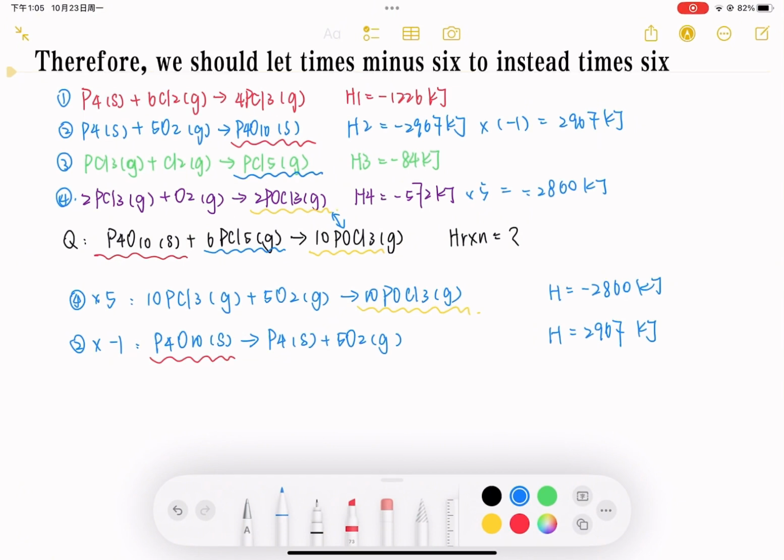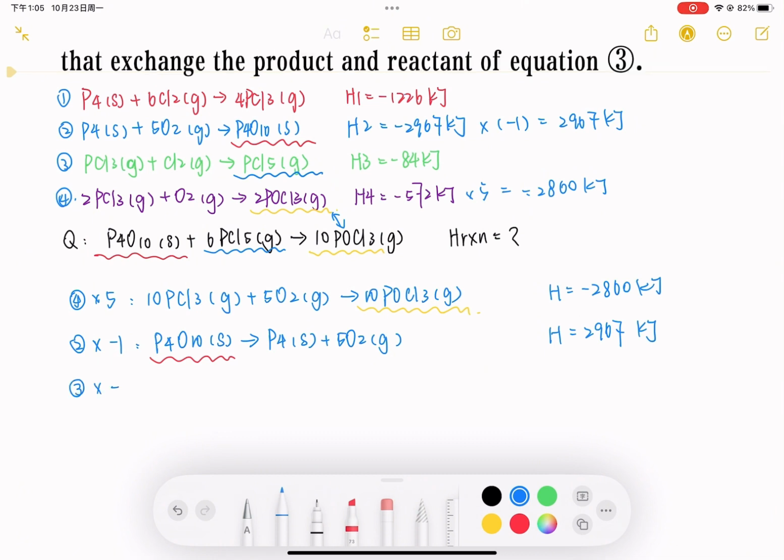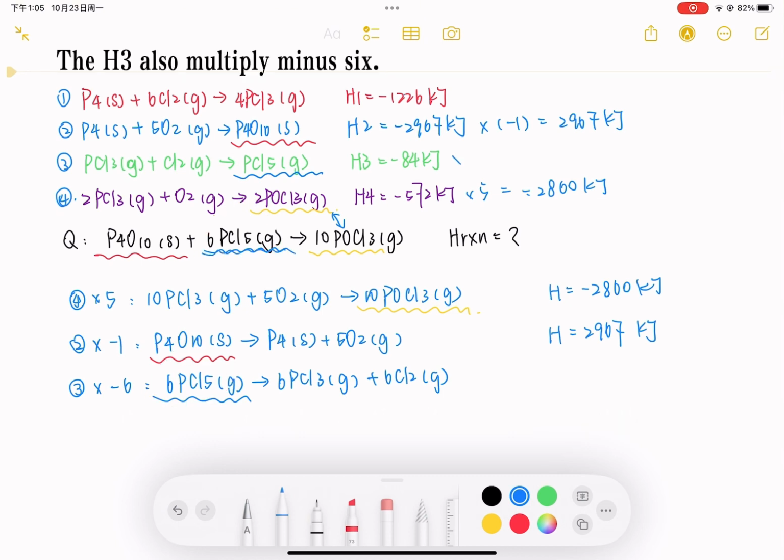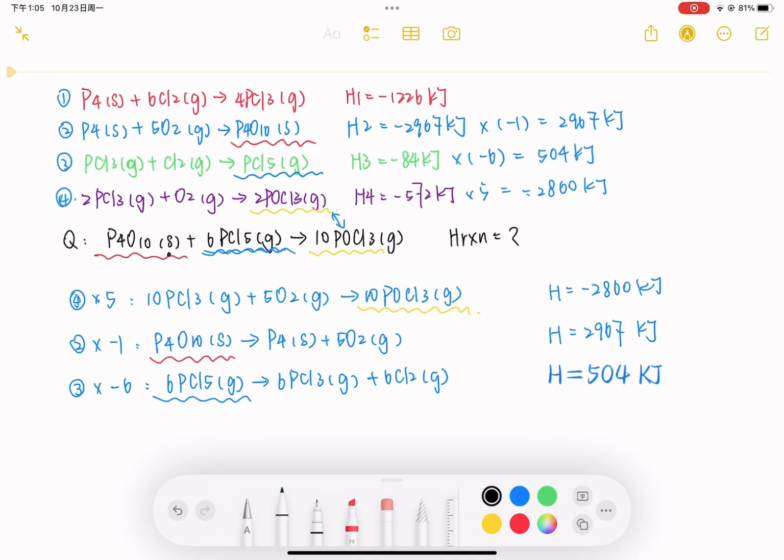Therefore, we should multiply by -6 instead of 6, to exchange the product and reactant of equation 3. Now the amount and the position of PCl5 are all the same. The delta H3 is also multiplied by -6.